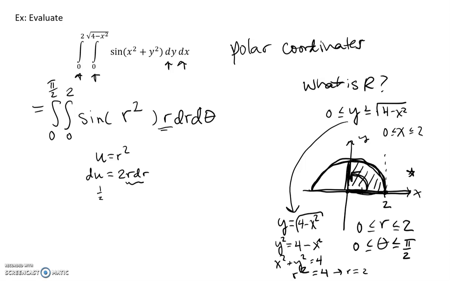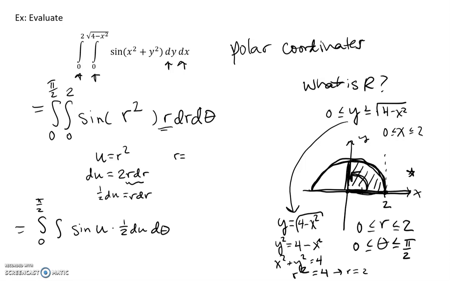So we'll have 1/2 du is r dr. So all in all, this is going to be the integral from 0 to pi over 2 times the integral. We'll end up with sine of u times 1/2 du, and then this will still be d theta. Let's just switch those bounds over.